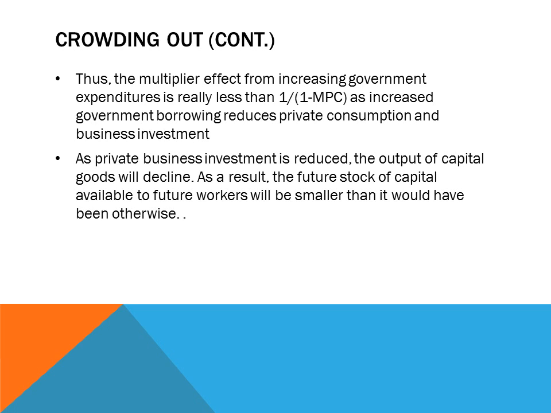So as private business investment is reduced, the output of capital goods will decline. As a result, the future stock of capital available to future workers will actually be smaller than it would otherwise have been, and this will reduce future worker productivity and may reduce long-run economic growth.